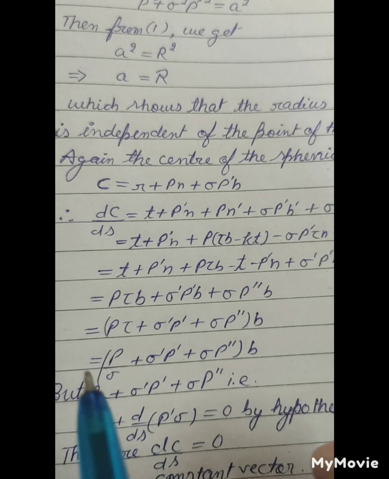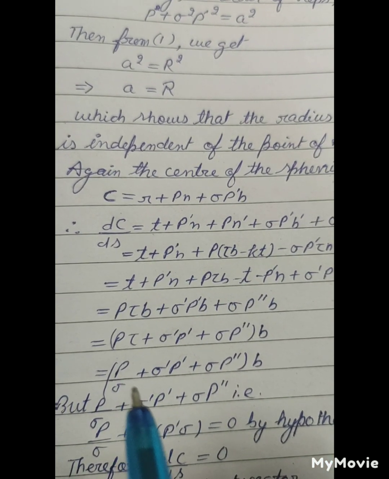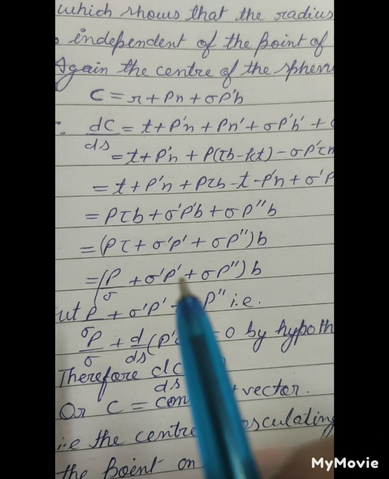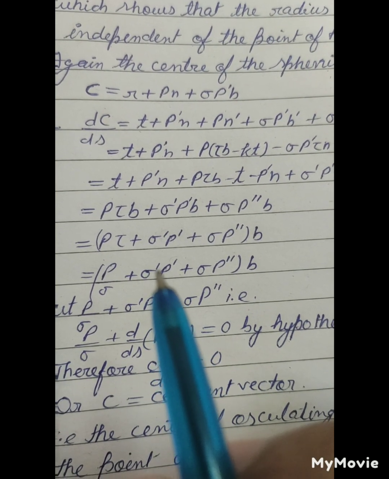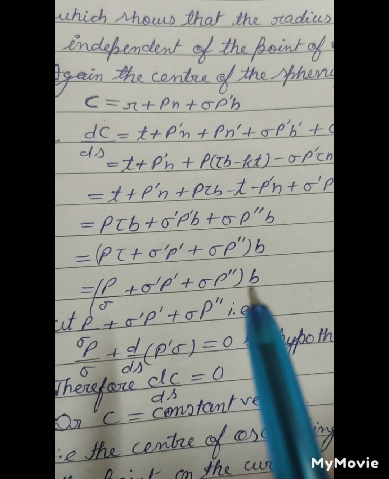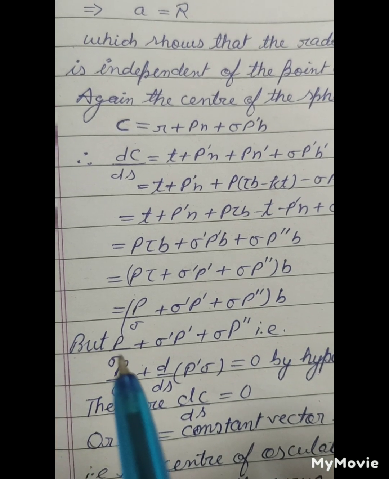Taking b common, so equals (rho/sigma plus sigma' rho' plus sigma rho'') b.